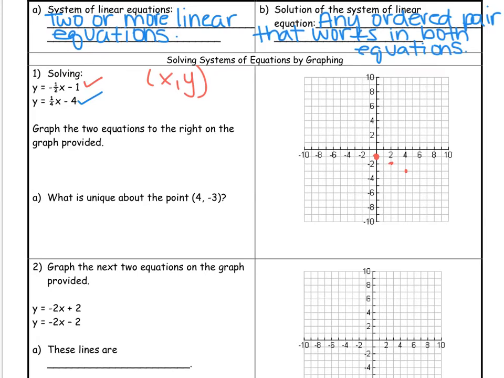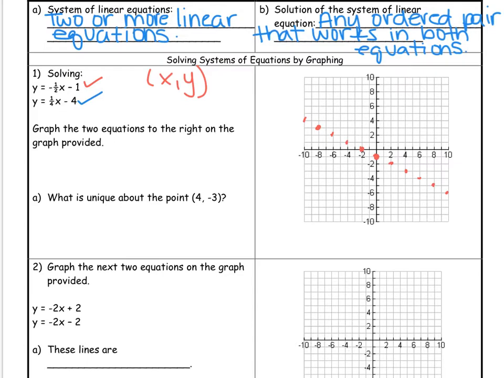We have to make sure that this is going downhill. And we can go in the opposite direction. We can go up 1 and left. And there's our graph for y equals -1/2 x minus 1.